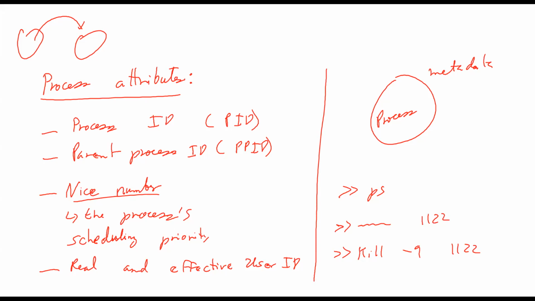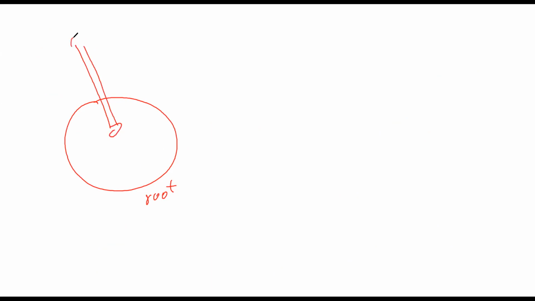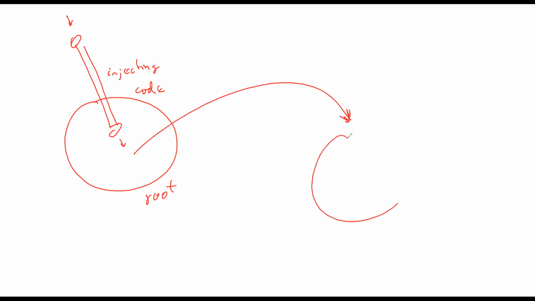As you probably know already, what hackers try to do is they try to find a program that is root owned, right, has full privileges, and hack it somehow, right? So a hack, basically like a buffer overflow attack, means injecting code and then having that code spawn a new process.